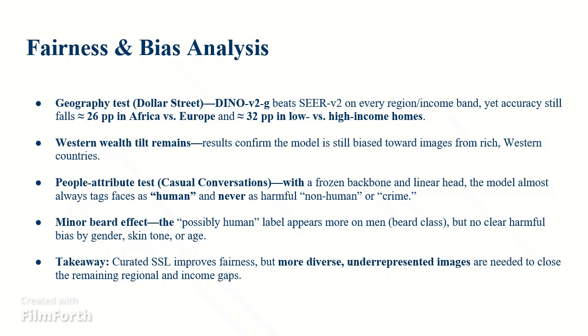There's a small effect for men where the possibly human label appears more often, and that's because of the beard class in the data. But there's no clear harmful bias by gender, skin tone, or age. So the main takeaway is that curated self-supervised learning improves fairness, but as you can see, the regional and income gaps are still there. We still need more diverse and underrepresented images to fully close these gaps.